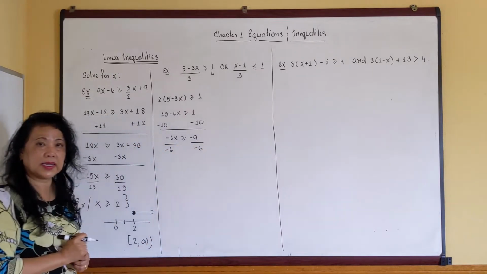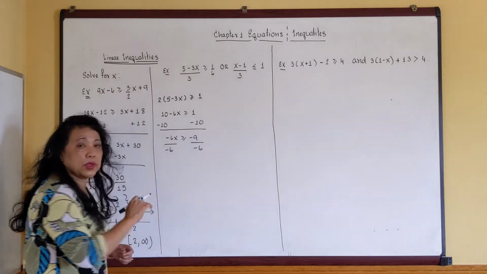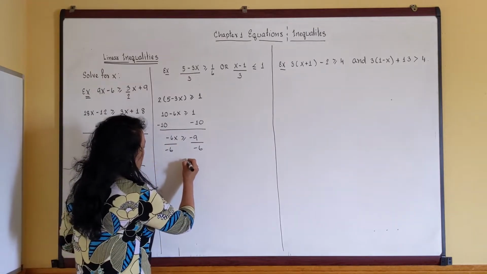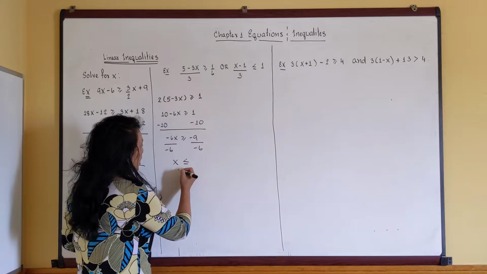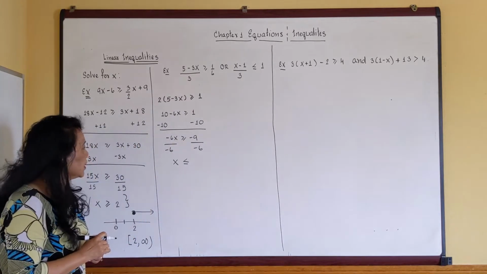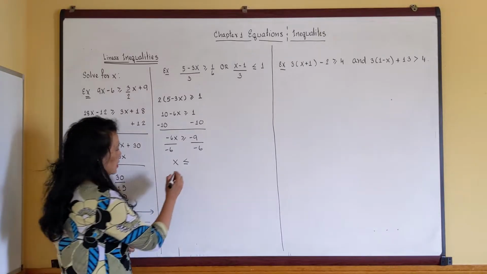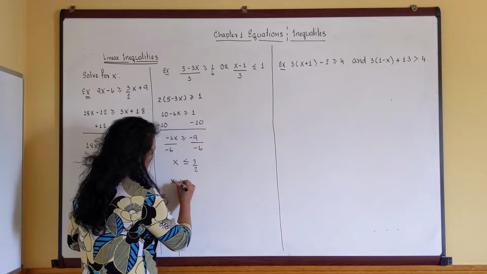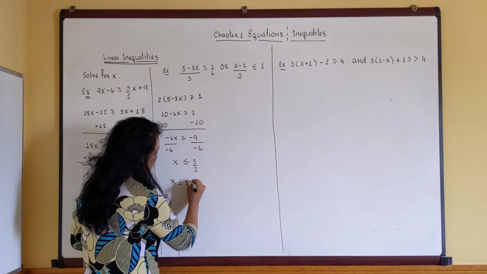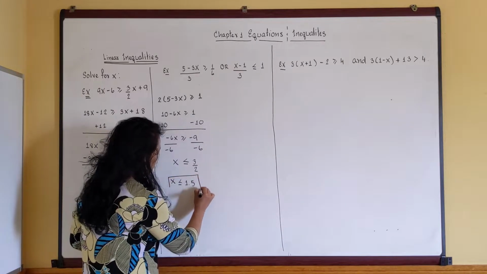Because I divide by a negative number, the inequality sign has to reverse. So it's going to go this way. So x is less than or equal to negative, and negative over negative is positive, that is 3 over 2. Another way to say it is x less than or equal to 1.5.